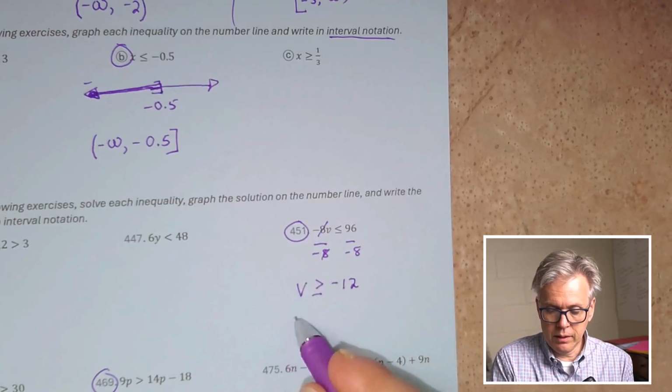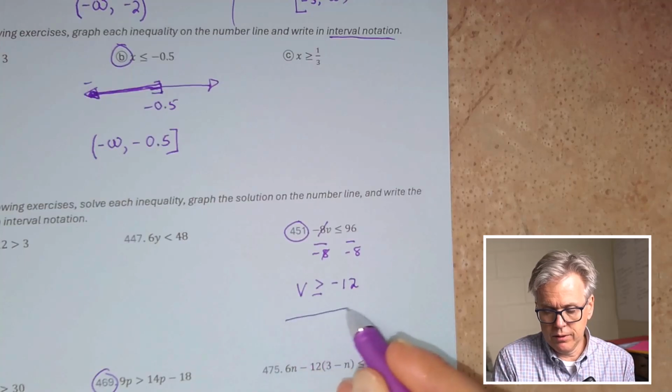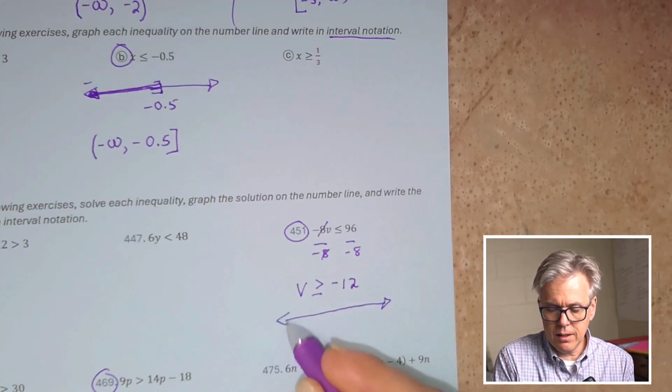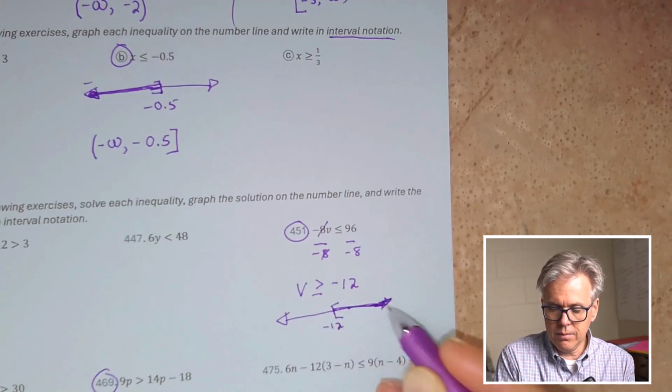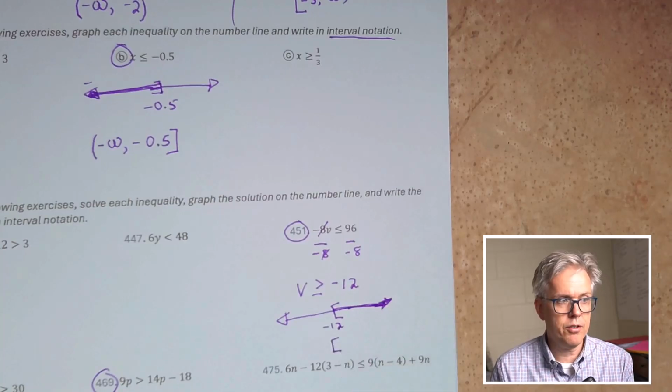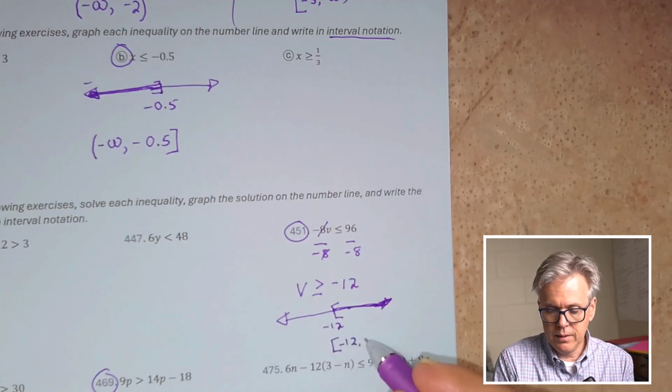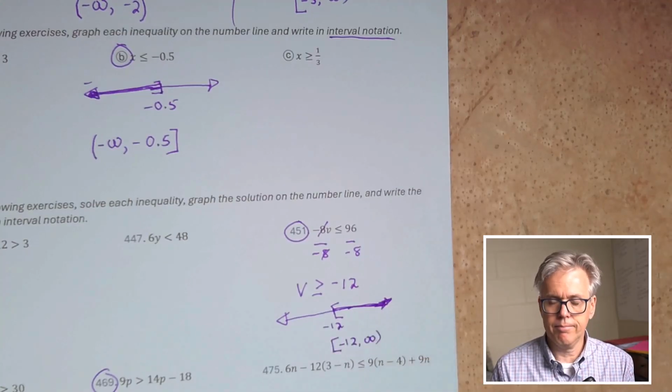And then it says go ahead and put it on the number line and write in interval notation. So this one's got all three pieces: solving and graphing this greater than or equal to -12. Get a hard bracket, greater than, going to the right, and interval notation from -12, comma, infinity.